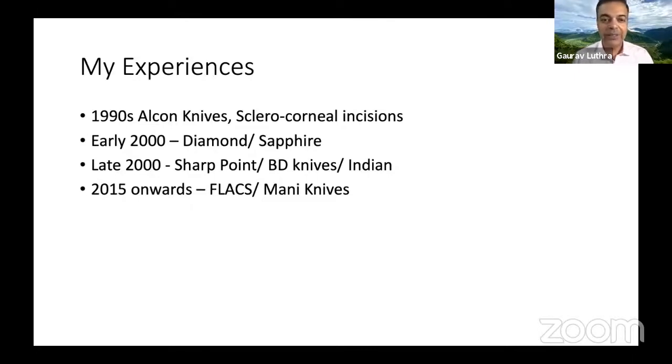And soon I realized that they were not really as good as they looked on these videos that we see. And we moved on to other blades like the Sharp Points and the BD I used for many years. Dealt with a lot of Indian blades, which are pretty good actually. But I think the blades that we currently use are in a class of their own. Moved on from all these blades. 2015 or somewhere around that time, we started doing femto-assisted surgery and started using the money knives as well. Maybe a year later after that.